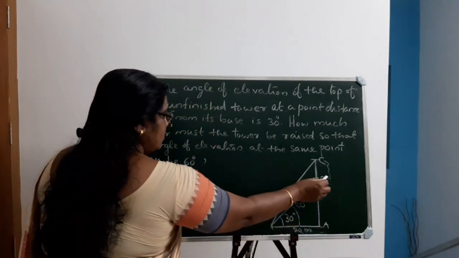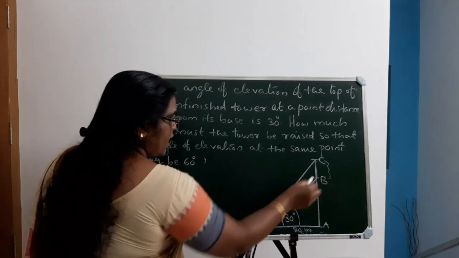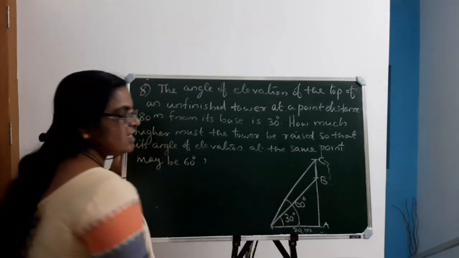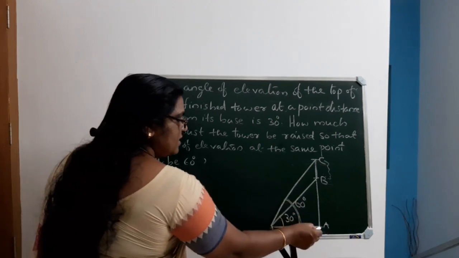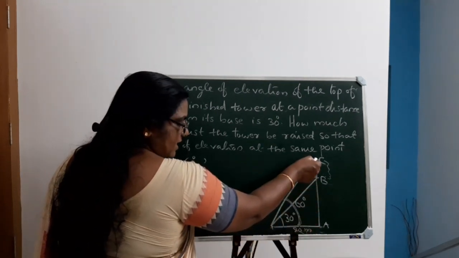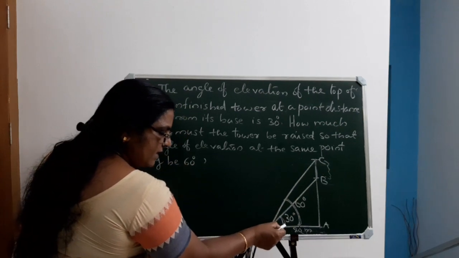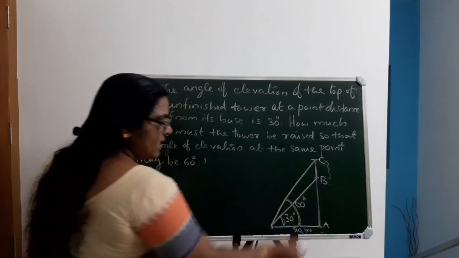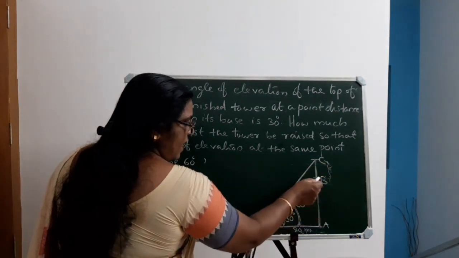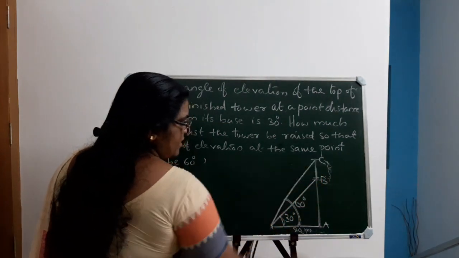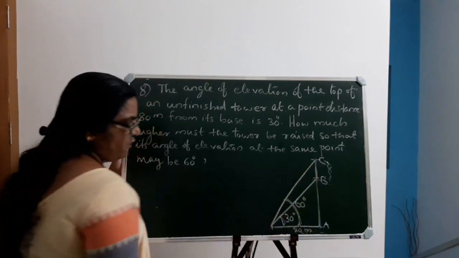When the angle of elevation is 60 degrees, the height of this tower is AC. When the angle of elevation is 30 degrees, the height of this tower is AB. Right? So we have to find this BC, how much height it is raised.